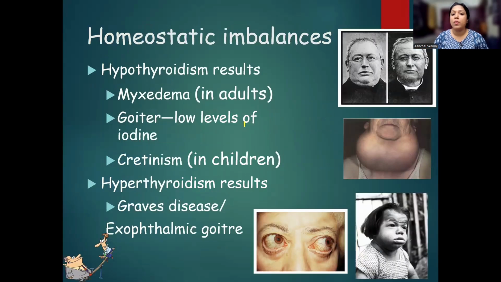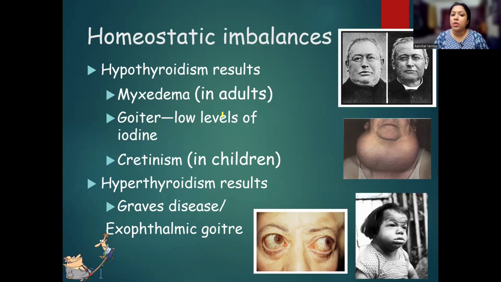Okay. Now, homeostatic imbalances. Homeostatic imbalances means your body is not having a proper balance of the reactions that are happening in your system. So there are two ways in which your basic metabolic system can be hampered. One is hypothyroidism, when you have less thyroxine, and one is hyperthyroidism, that is more thyroxine.